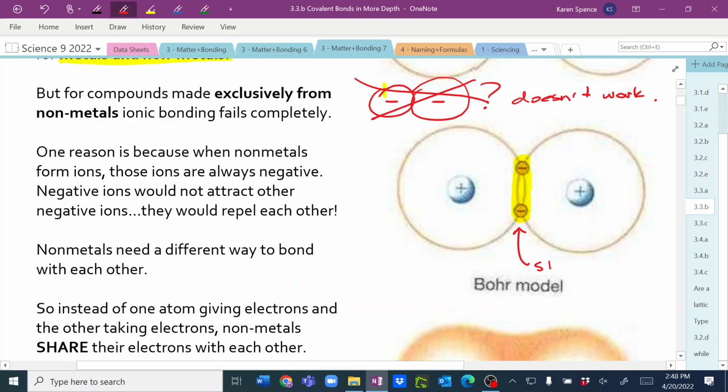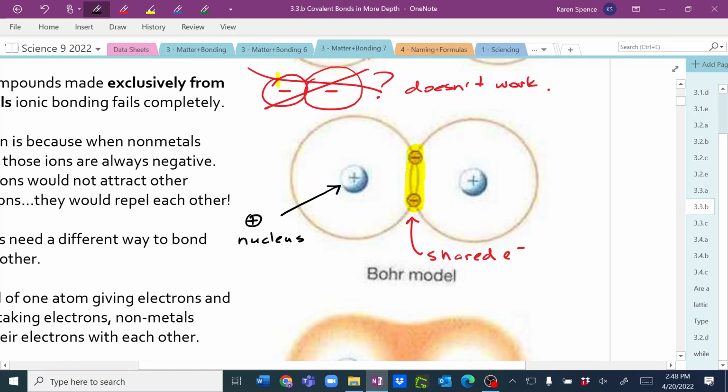So we have shared electrons. We have a positive nucleus. And we have another positive nucleus. What is the glue, quote unquote glue, that holds that bond together? Who is sticking to who?